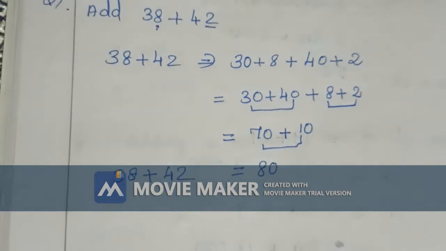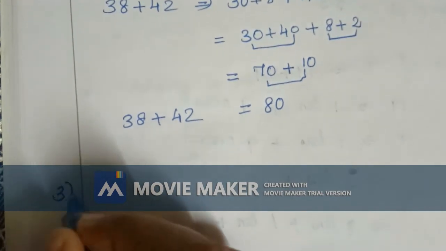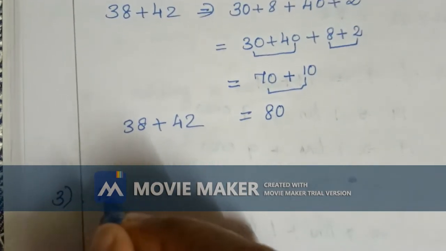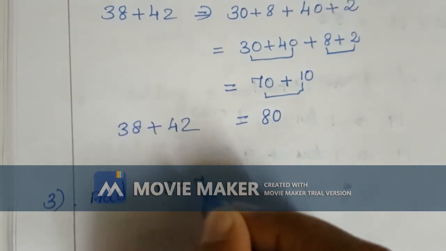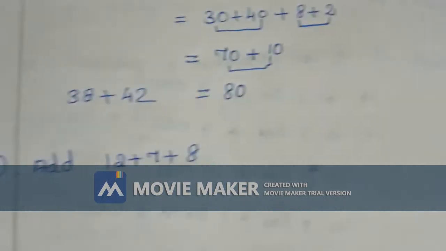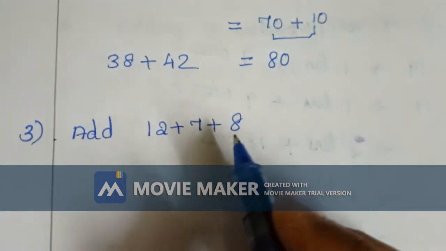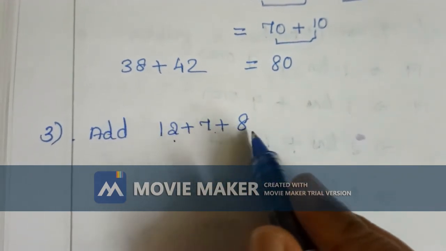Now let's see another example. Add 12 plus 7 plus 8. So children, here check the ones place value.